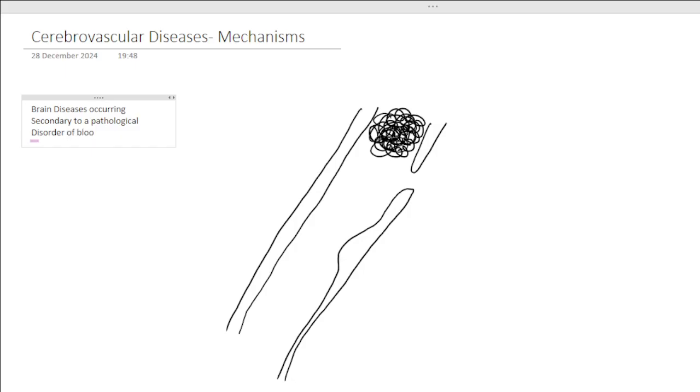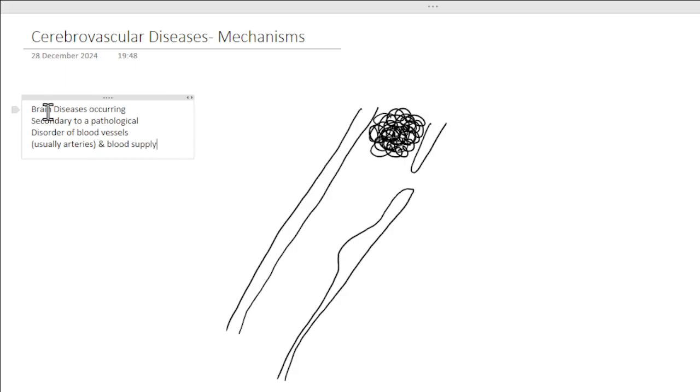Remember students, blood vessels, usually arteries, but we cannot discount the veins or any kind of blood supply.